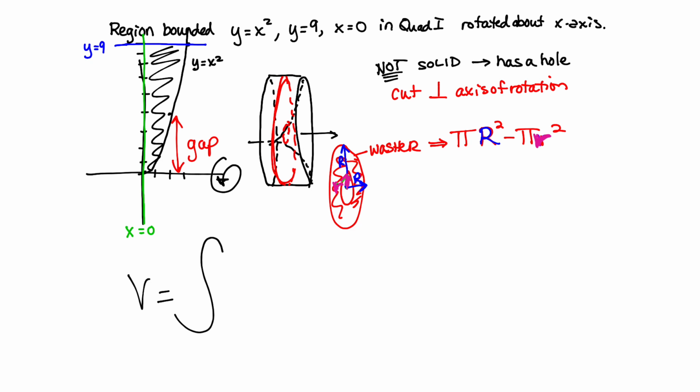So what am I integrating with respect to? dx. Integrating with respect to dx. And what are my bounds, Grant? 0 to 3. Does everybody see why our bounds are 0 to 3?